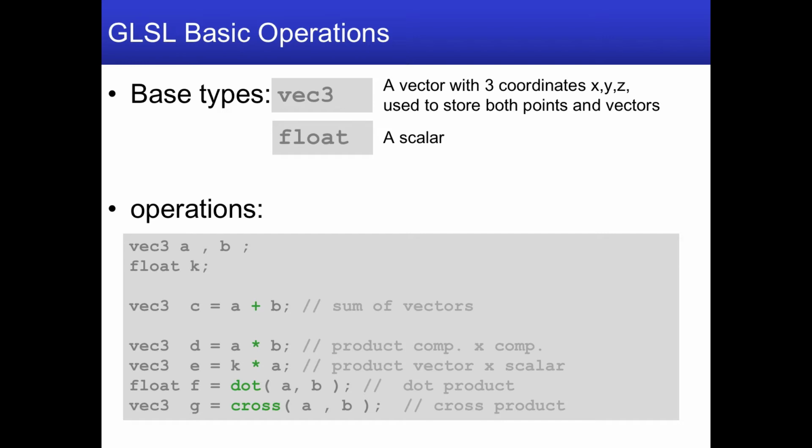So it's better if you know that you can do a set of operations, for example, on vector three and on scalars. You can add, you can do the product point-wise, component by component of the vector: you take two vectors and do x times x, y times y, z times z. You can do dot product and cross product.